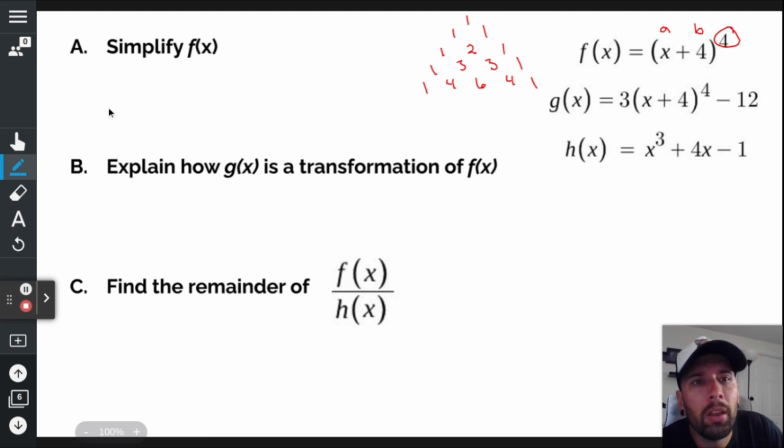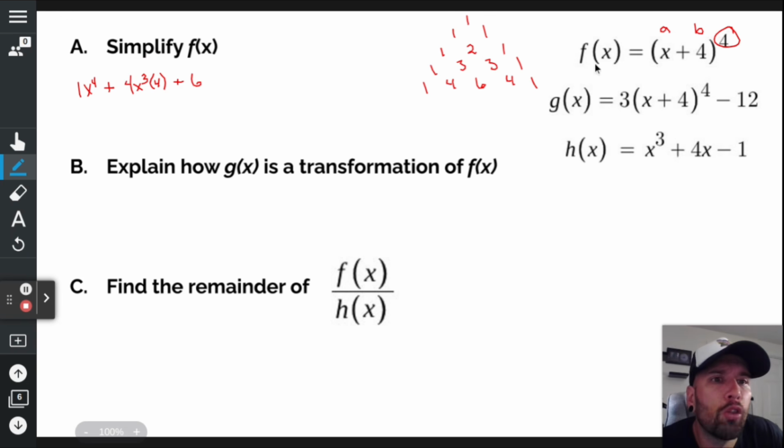1a to the fourth is 1x to the fourth, plus 4a to the third is x to the third, b to the regular is just 4, plus 6a squared is x squared times 4 squared, a fun game, plus 4.